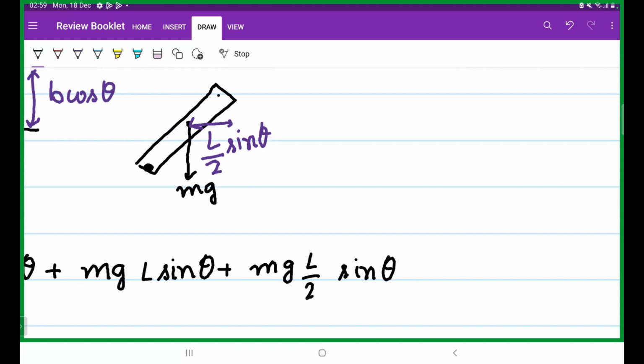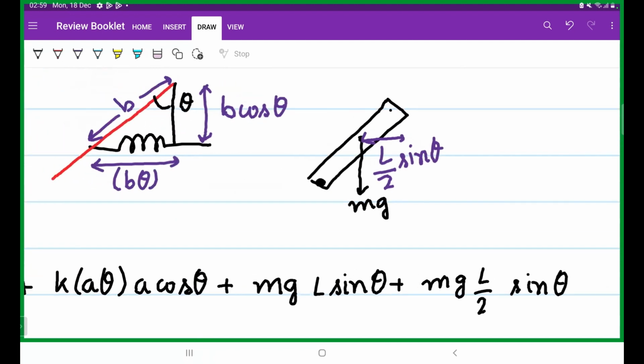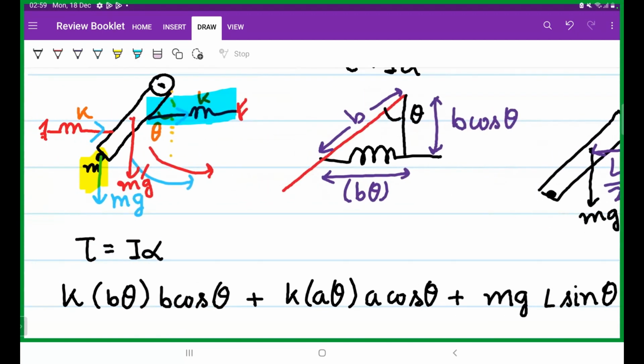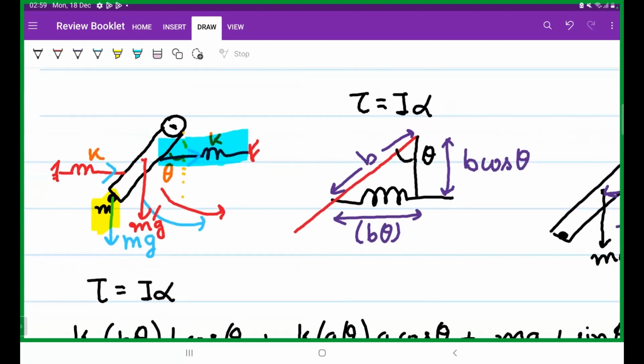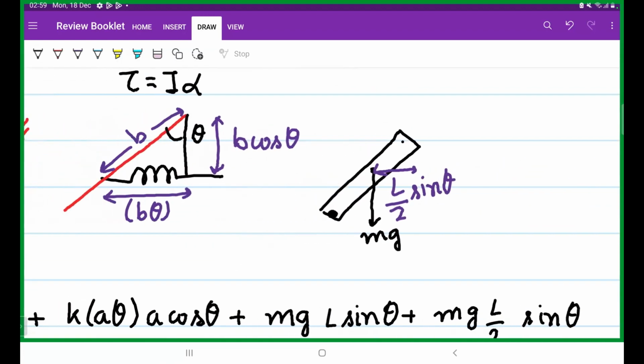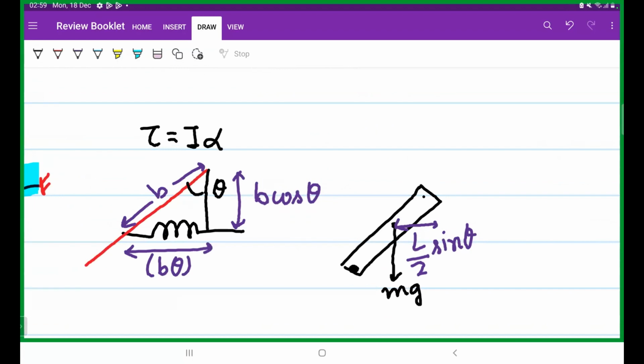Now, like I have told you before, all of these forces are trying to make this particular rod move in the anti-clockwise direction, right? So all of them will have the same sign. I consider that to be plus. Not I consider, I mean, if you take the cross product here, the formula for torque is R cross F, right?